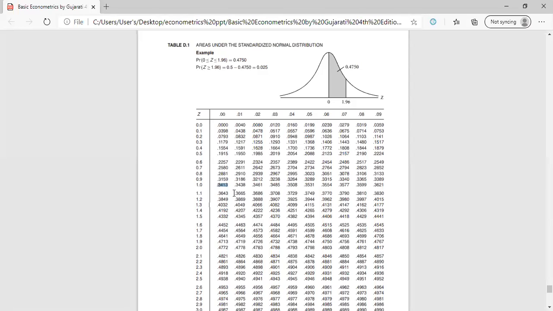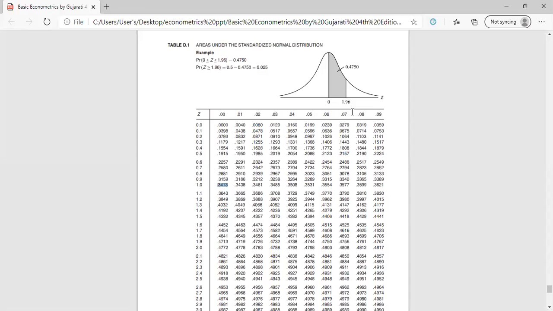But Professor, I did not understand this part. Why are we subtracting 0.5 minus 0.3413? I understood how we got 0.34. So explain this probability for me. 0.3413 means the probability that Z lies between 0 and 1.